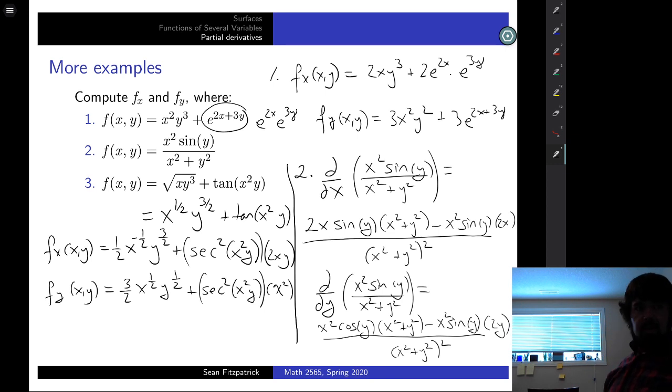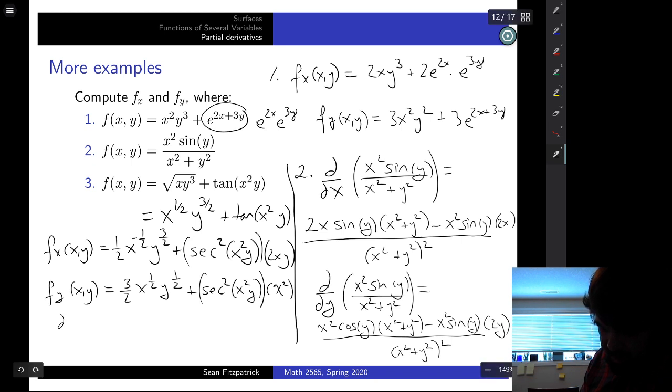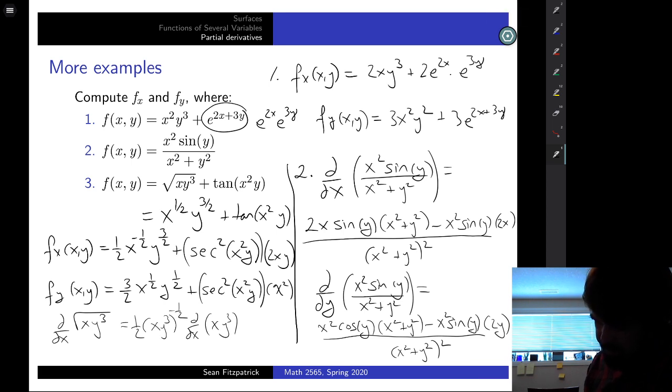It's not so bad. One thing I want to point out is that if you left that square root alone, you did like x y cubed, and you leave it as the square root, well then you have to do like 1/2 times x y cubed to the minus 1/2, and then you have to do the derivative of the x y cubed.